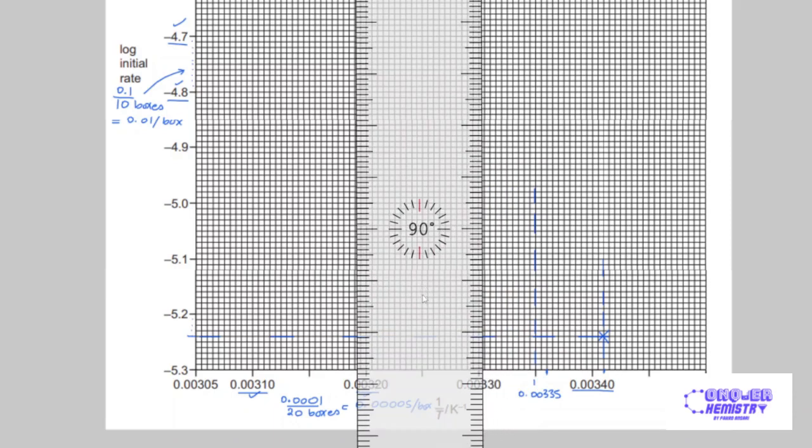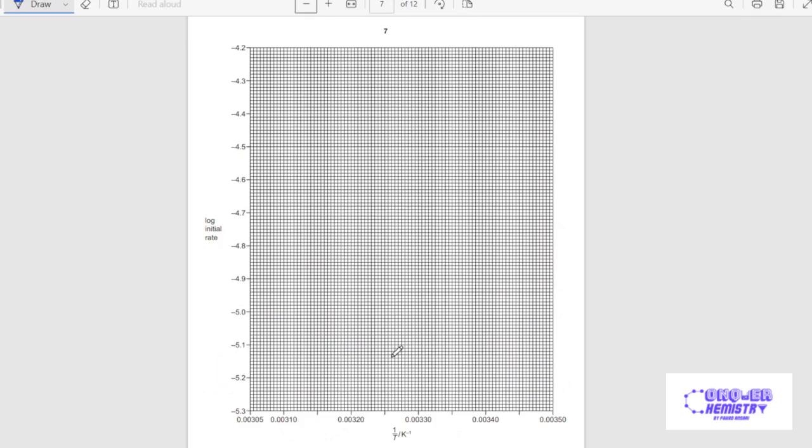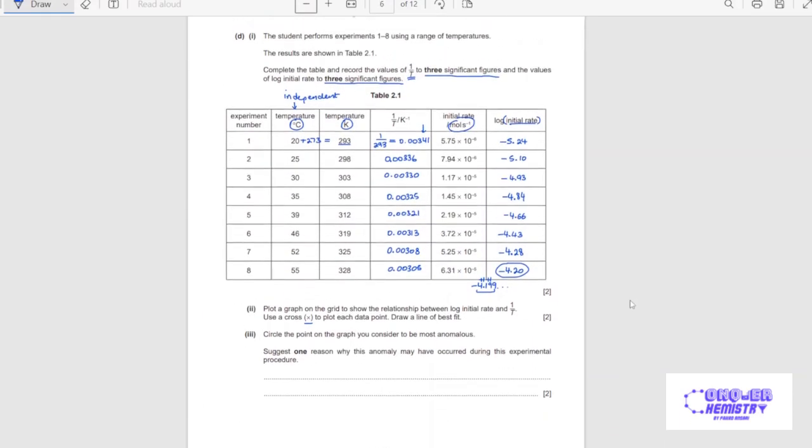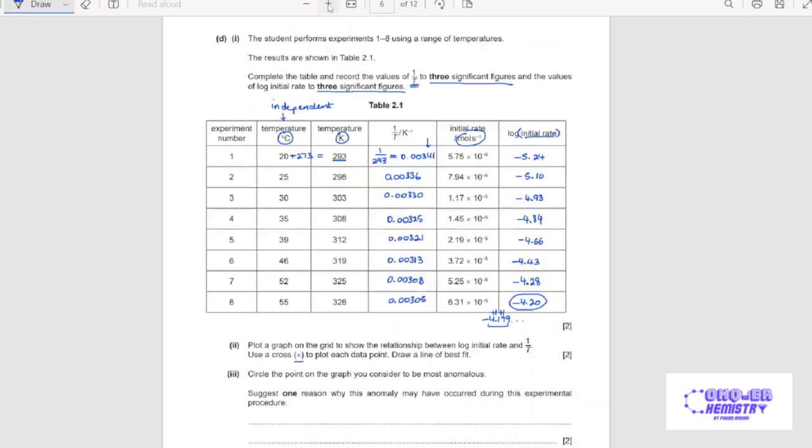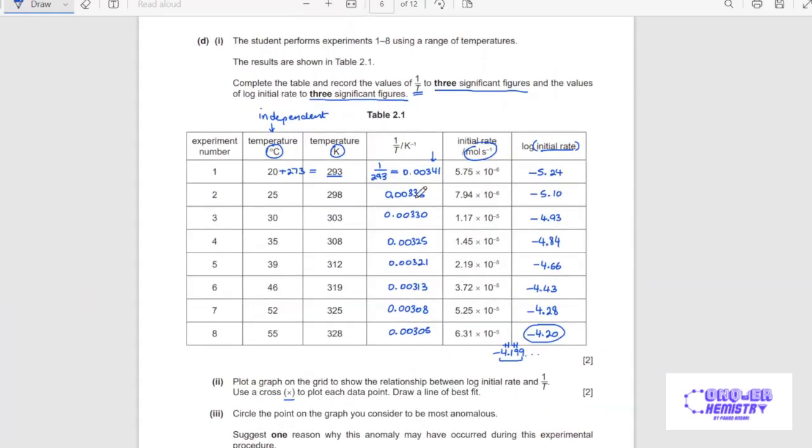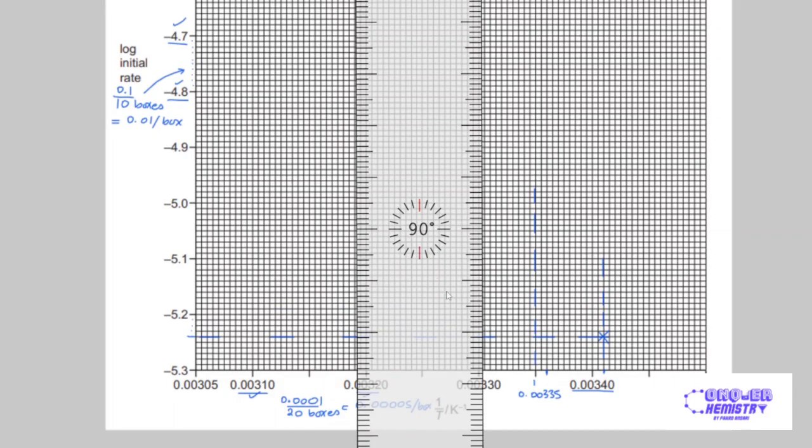All right. Now the y coordinate, if I remember correctly, was minus 5.10. Right, we can always refer to our table up here. All right. Yep, it's minus 5.10. So let's rotate this.